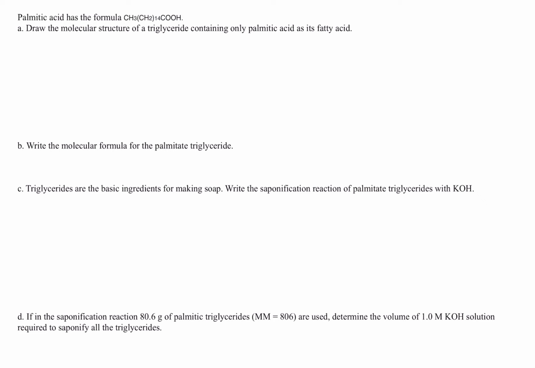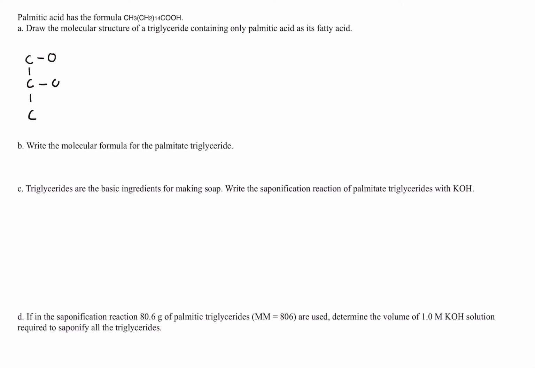So in that case, basically we have C, O, but then we have 3 C. This is the frame structure for the glycerol, but then we want to make the ester.